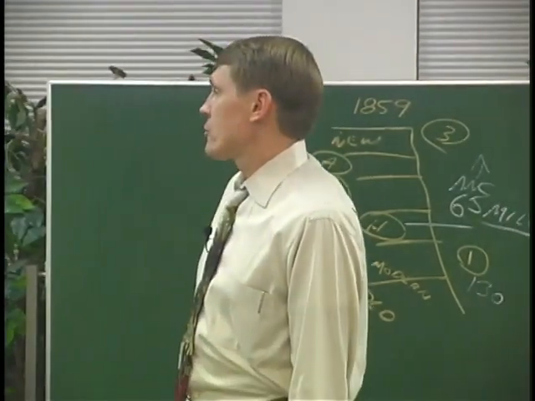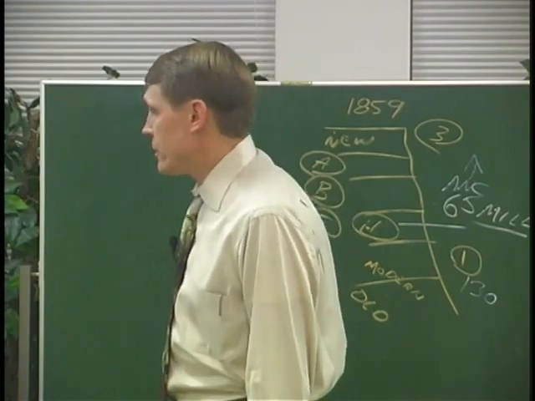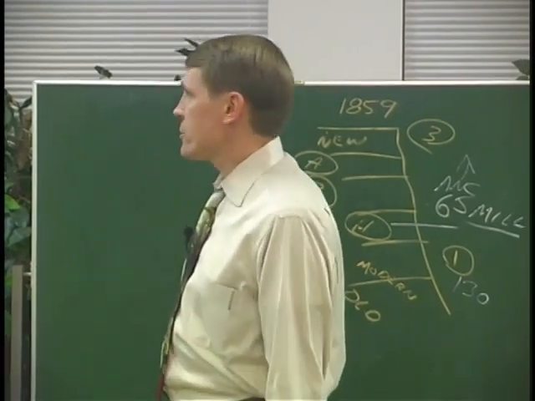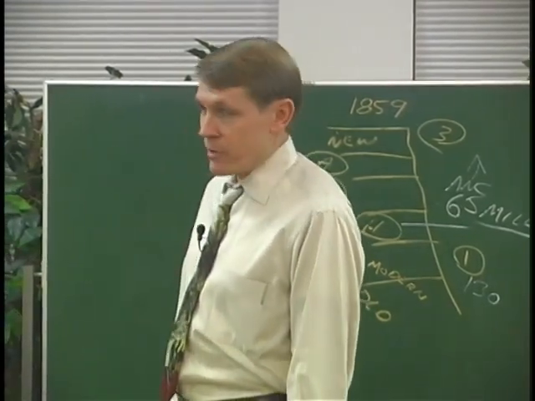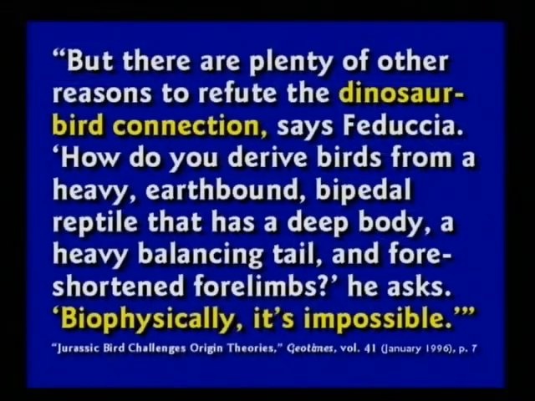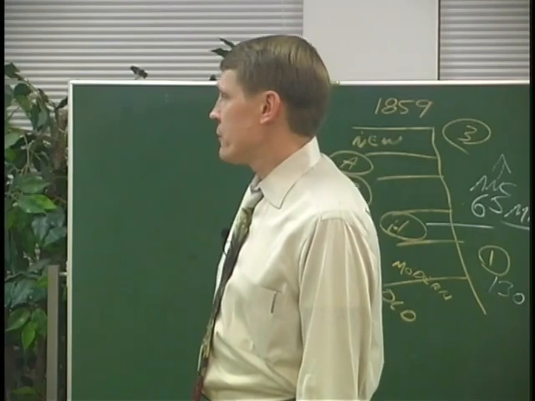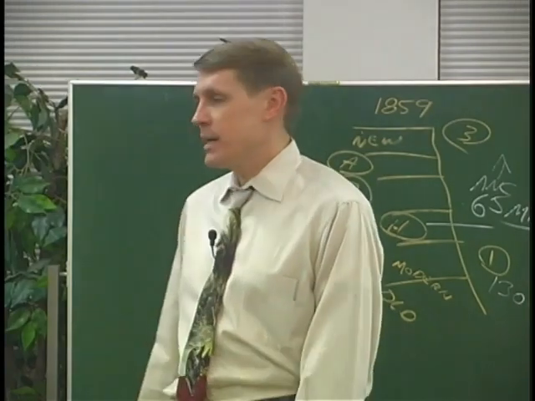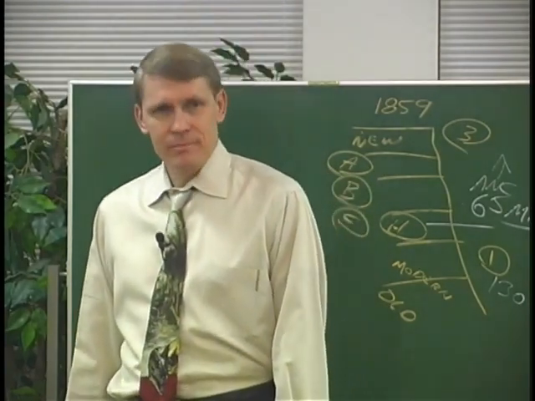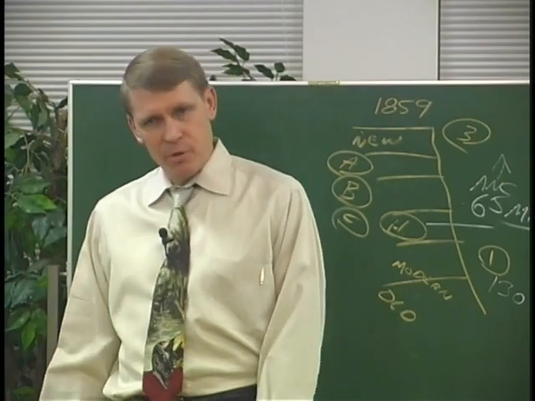Jurassic Bird challenges origin theories, from GeoTimes, 1996. This guy says, there are plenty of other reasons to refute the dinosaur-bird connection, says Fiducia. How do you derive birds from a heavy, earthbound, bipedal reptile that has a deep body, a heavy balancing tail, and shortened forelimbs? Biophysically, it's impossible. Here's the problems that I see. The lungs are totally different.